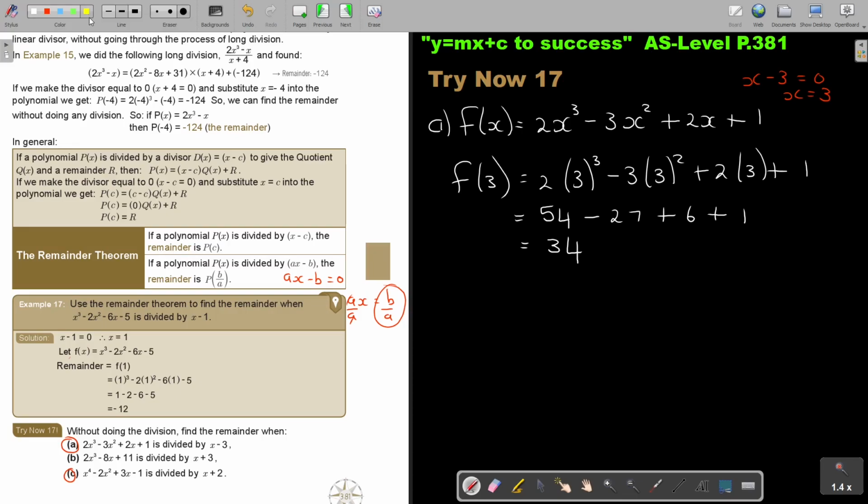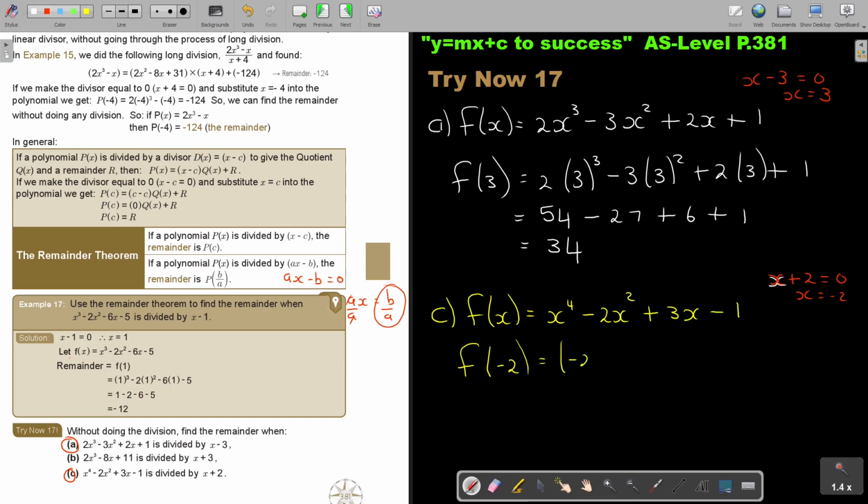And then I'm going to do also number C. f(x) is x^4 minus 2x squared plus 3x minus 1. Now it's x plus 2, so x is negative 2. So f(-2) equals (-2)^4 minus 2(-2)^2 plus 3(-2) minus 1.